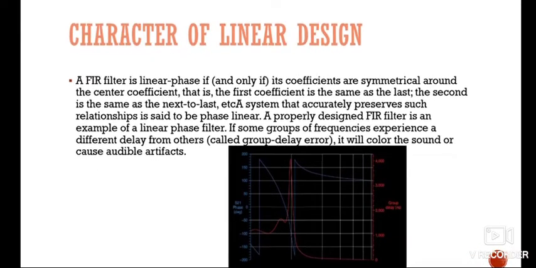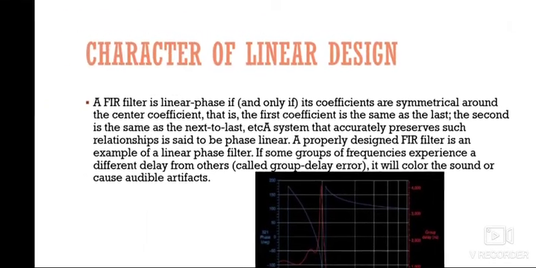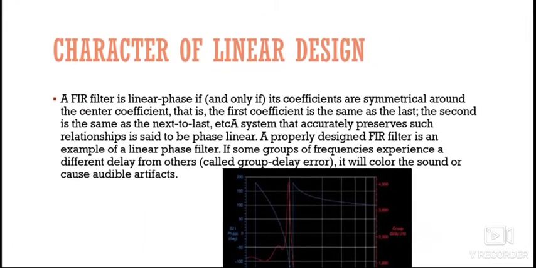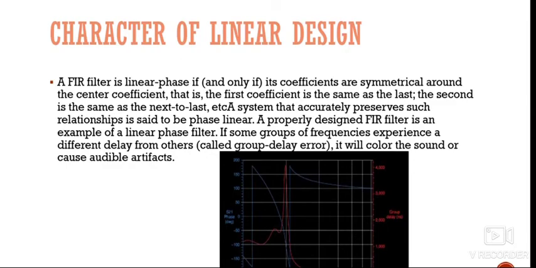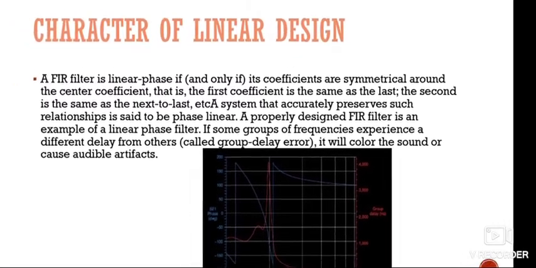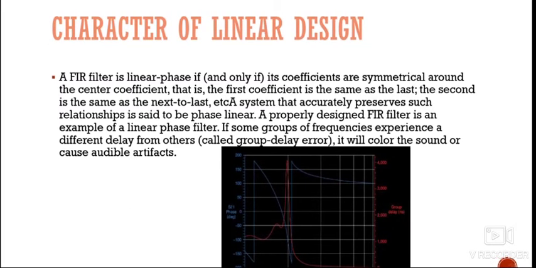Character of linear phase design. An FIR filter is linear phase if and only if its coefficients are symmetrical around the center coefficient, that is, the first coefficient is the same as the last, the second is the same as the next to last, etc. A system that accurately preserves such relationships is said to be phase linear.